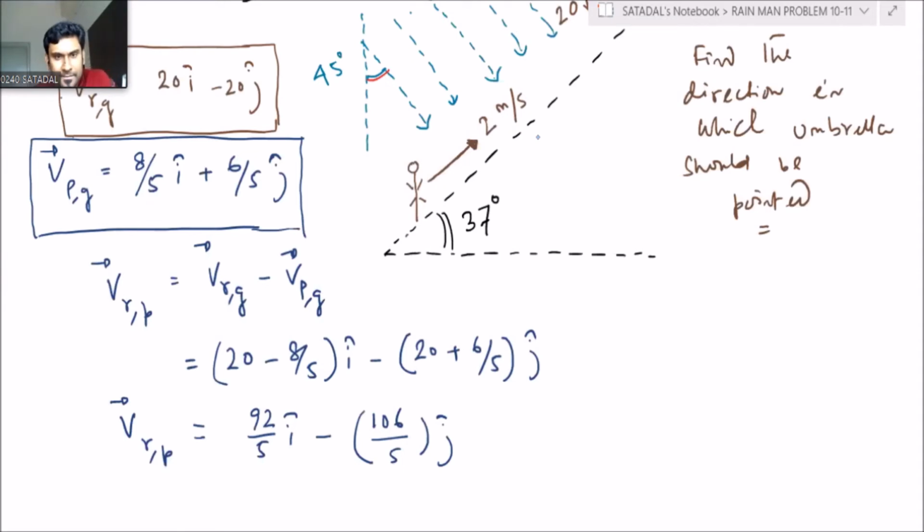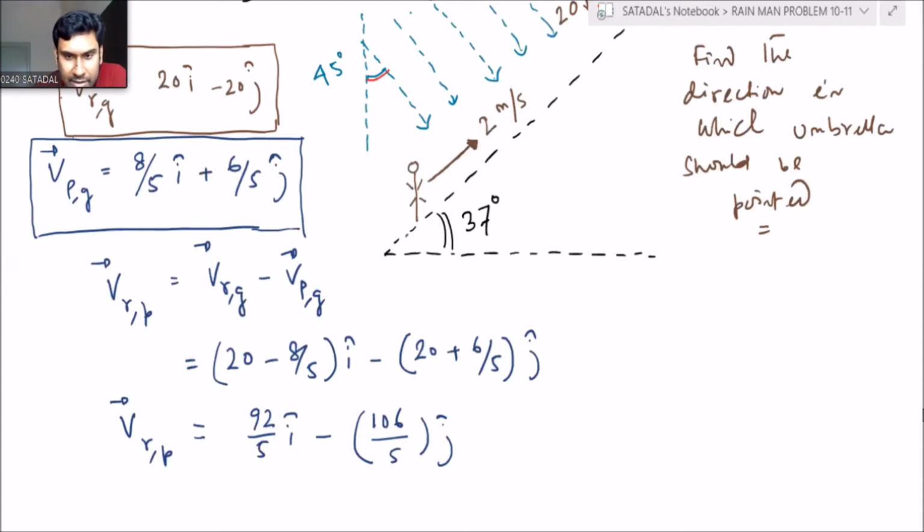Akash? Sir, the velocity of person with respect to ground, is it 8 by 5 j cap, sir? No, i cap only. j cap is 2 into 3 by 5, na? So 6 by 5 only. Yes, sir. Thank you, sir. Right. Okay.